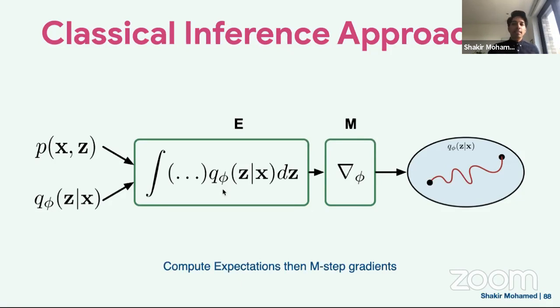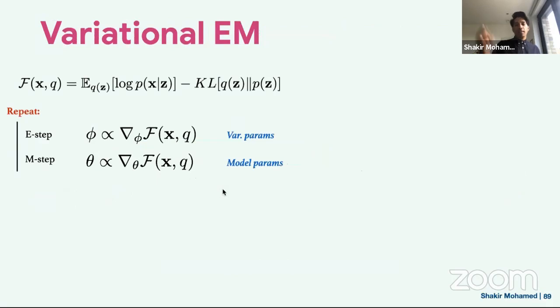So in the classical EM algorithm, this is how we all coded up an EM algorithm. You do a loop over iterations. Then you compute the E step, which is going to compute the gradient with respect to the variational parameters. And then you do an M step, which is a gradient with respect to the model parameters.